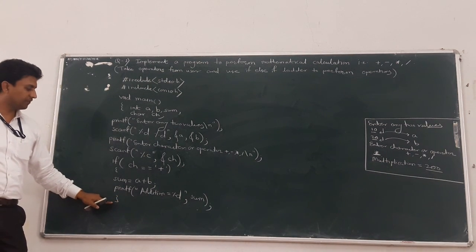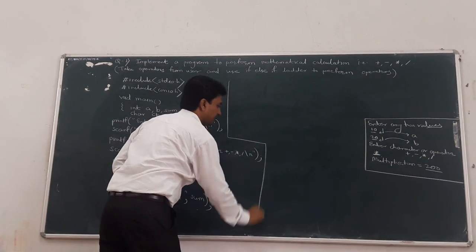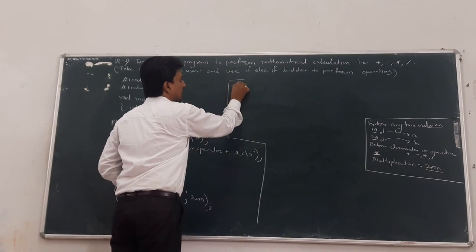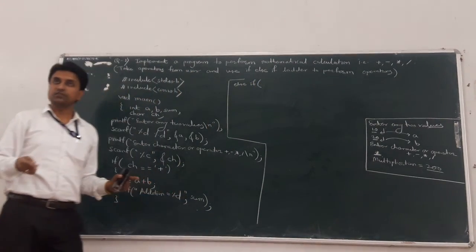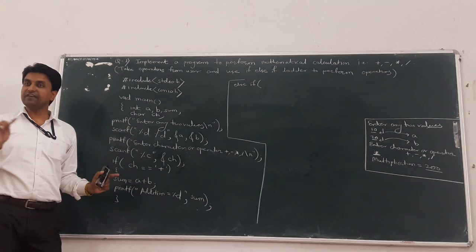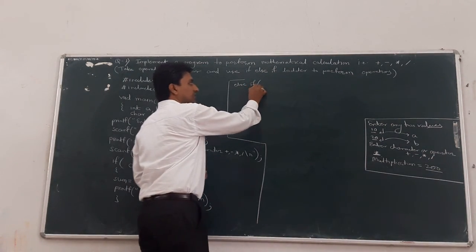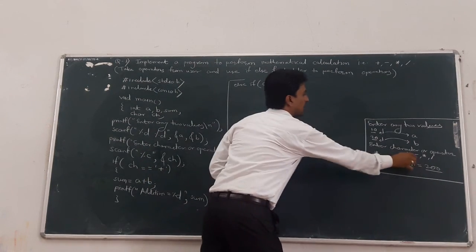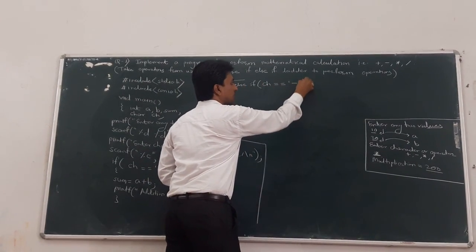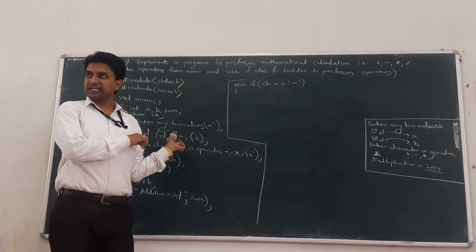After the completion of the first if, next is the else if. Not only else, else if. So it is called an else if ladder. So again use the condition. What is the condition next? If ch is equal to which operator? Minus operator. If it is the minus operator, then perform subtraction.